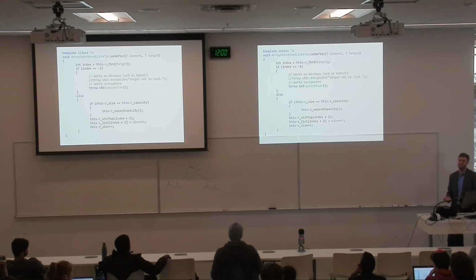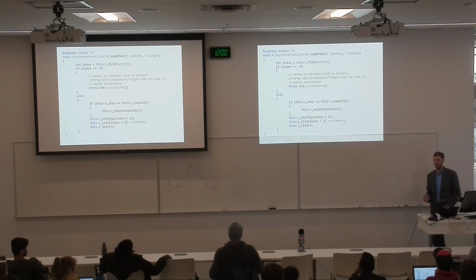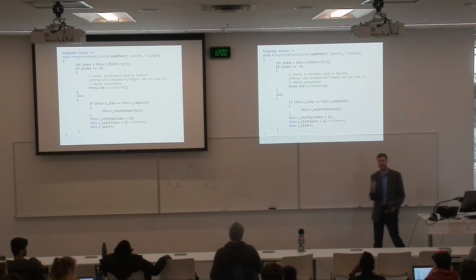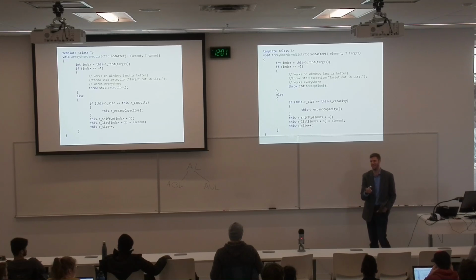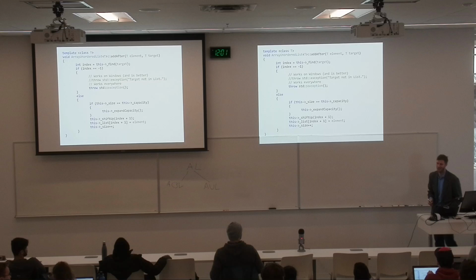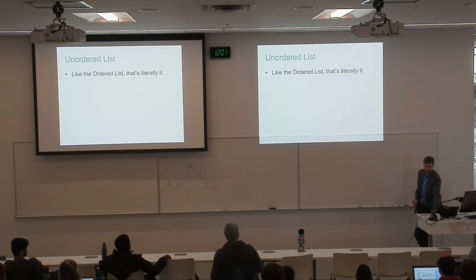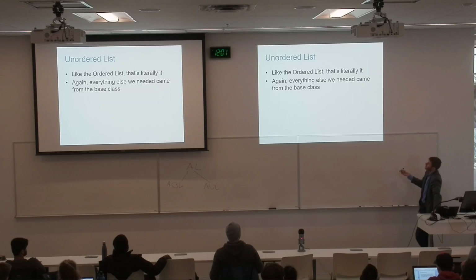N. We might get lucky and index might be at the end, but we might also get very unlucky and index might be like 1, since it can't be 0 if we're adding after. Point being, this is order n. So like ordered list, that's it. Nothing extra fancy here. Again, everything else we needed came from the base class.